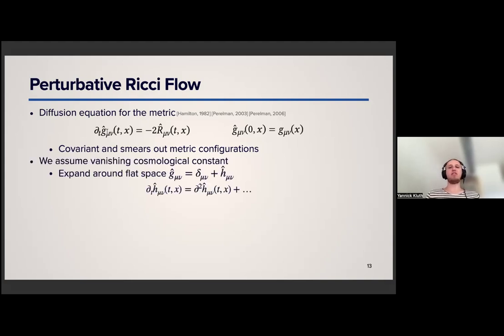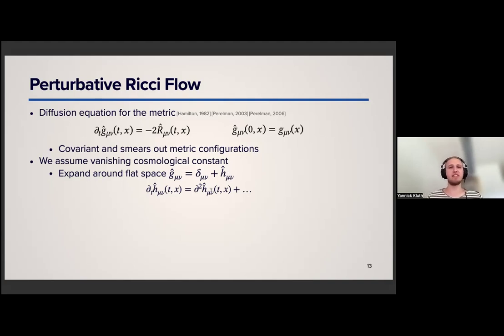So we start with this Ricci flow equation that we have here. But of course, we want to try to see whether we can put this in some sort of perturbative formulation. And what we will do here is assume that the cosmological constant is vanishing. And then we can expand our metric field around a flat background, like this.